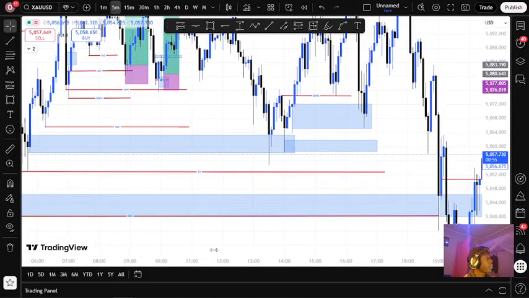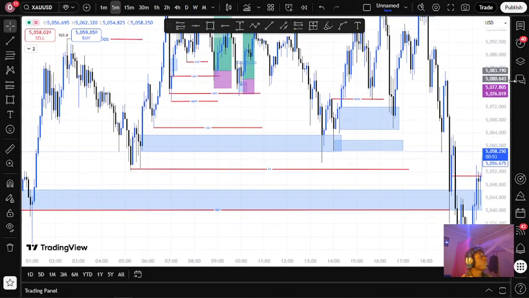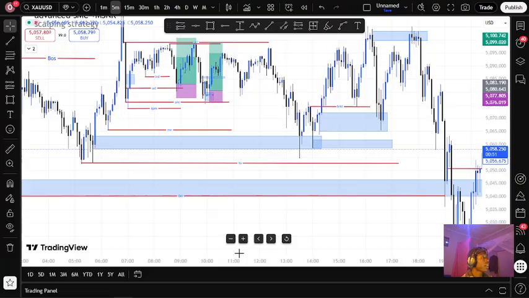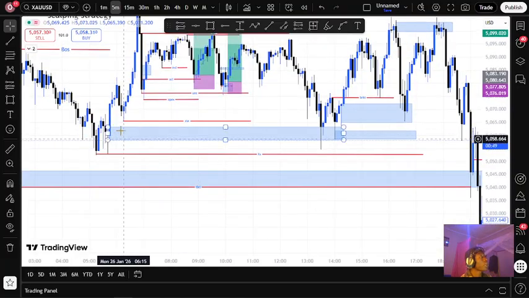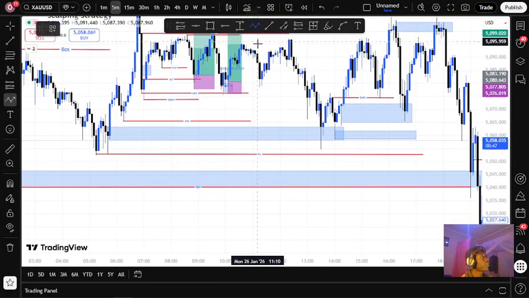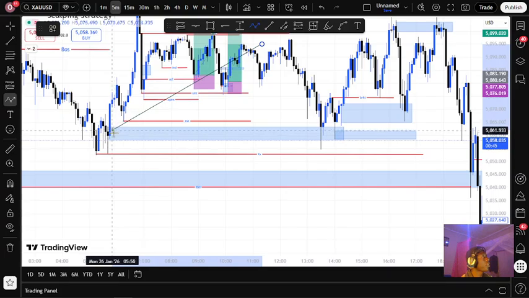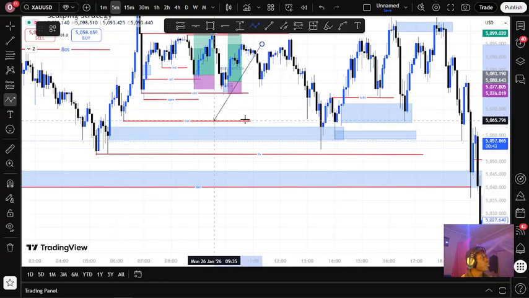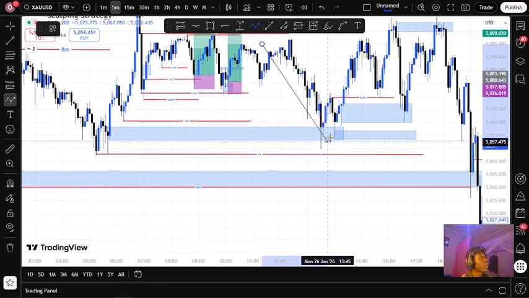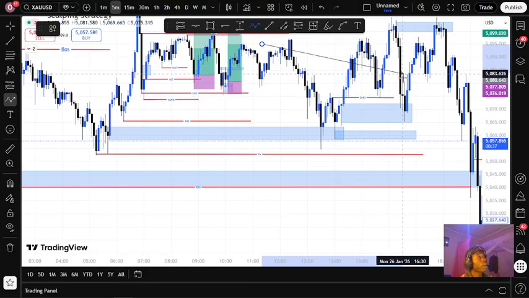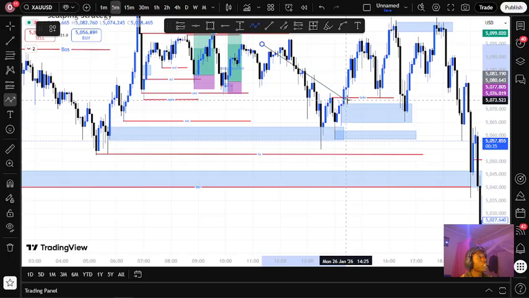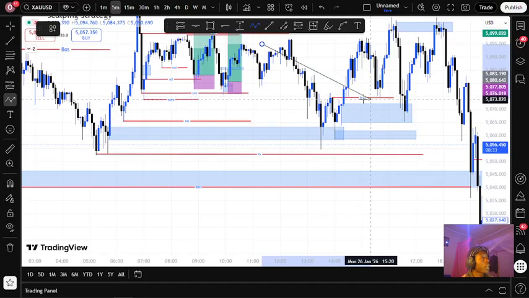Because the price reacted off this order block here. You can see there's also liquidity. It swept the liquidity, then formed a breakout, went up, then left behind the equal lows here.